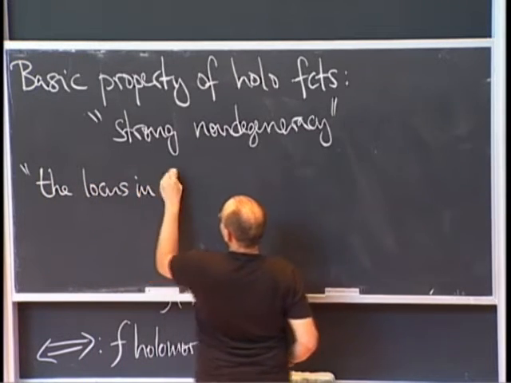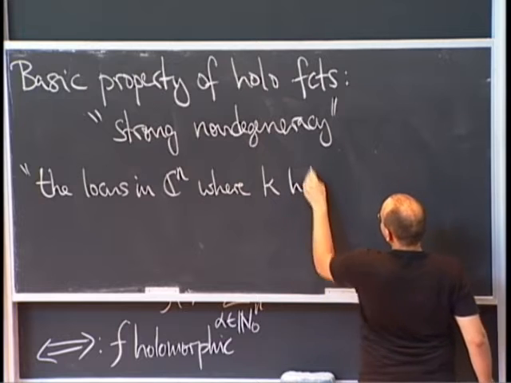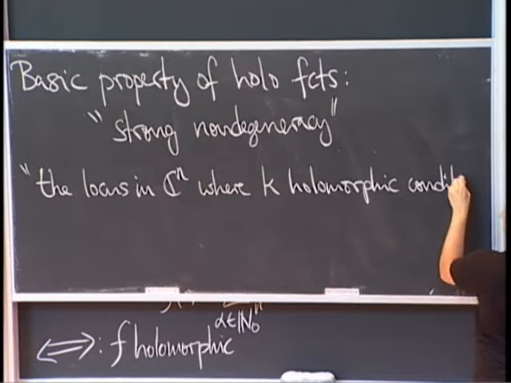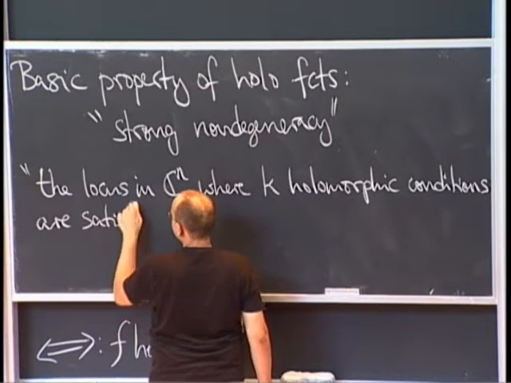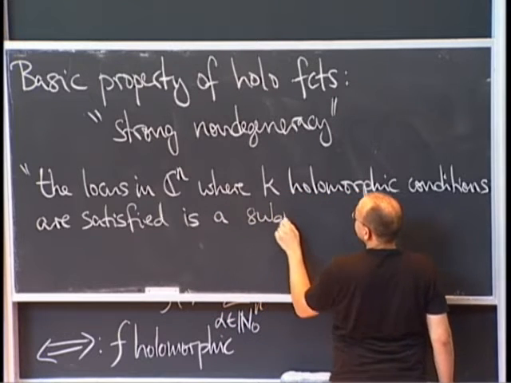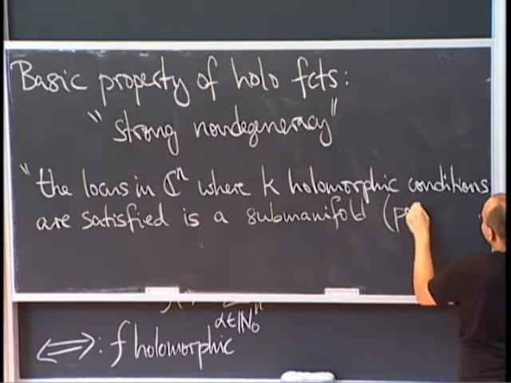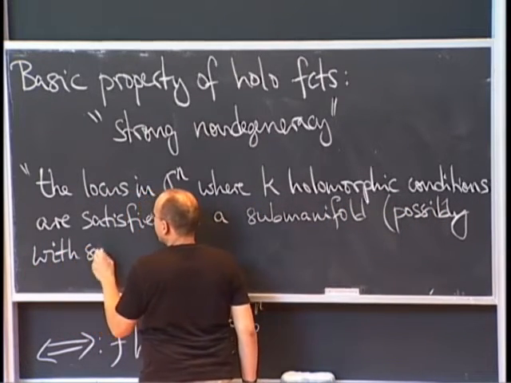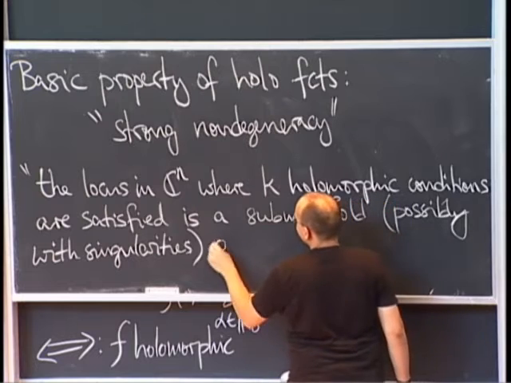The locus in Cn where k holomorphic conditions are satisfied is a submanifold, possibly with singularities, of complex codimension k.